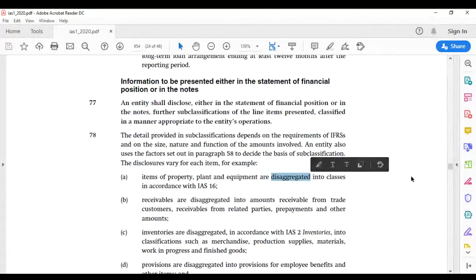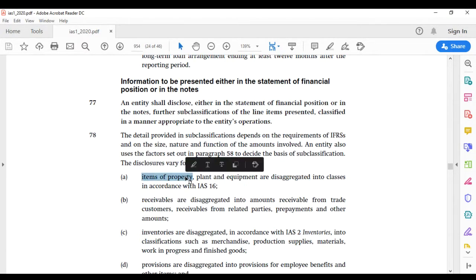You remember yesterday we spoke about materiality and aggregation, and we said the opposite of aggregation is either disaggregation or segregation. So in the note, we are going to take that one figure that we show on the face of our statement of financial position for property, plant, and equipment, and we're going to disaggregate it. So we're going to break it down into its components.